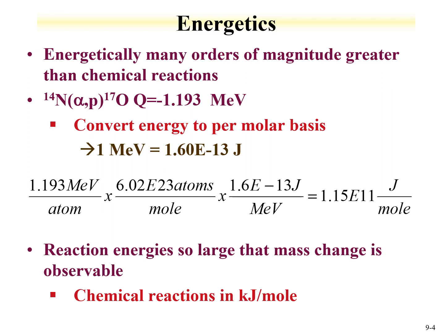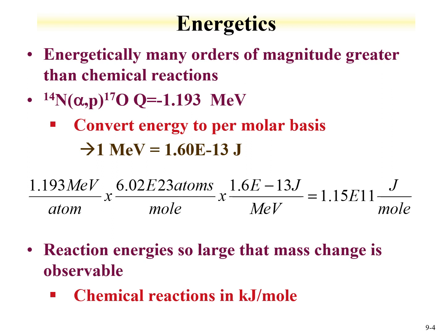So if we take the reaction we discussed on the earlier page, we can calculate the Q value for this reaction. The Q value is just around -1 MeV. Now, to describe this sort of reaction, we can talk about it on a per molar basis so we can compare it with a chemical reaction.